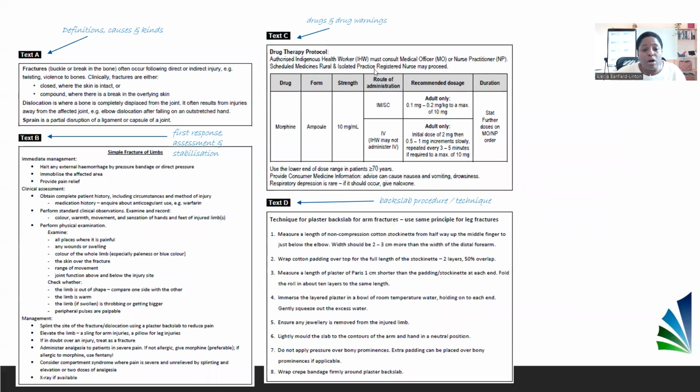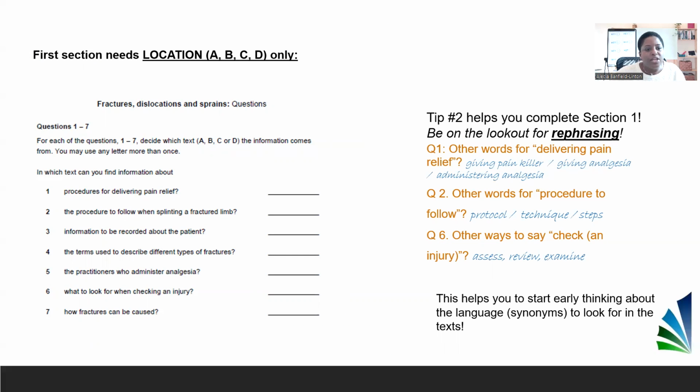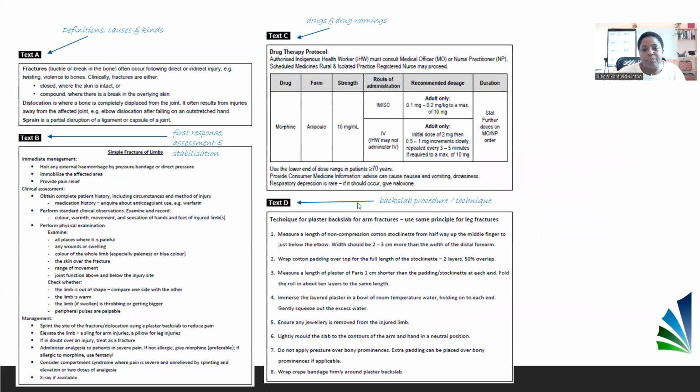Now here's protocol. Okay, so they talk about a protocol here, but they also talk about a technique here. So it could be C or it could be D. But what exactly are they asking about? They're asking about splinting a fractured limb. And here we have it. So your answer to question 2 is D.